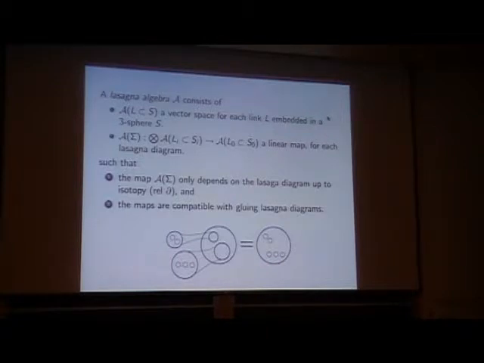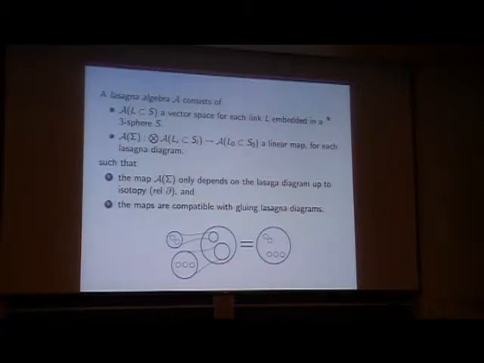And secondly, the lasagna diagrams have a natural gluing operation. Say I have some big lasagna diagram, and one of the small balls has some particular link on its boundary. Well, I can take another lasagna diagram that has that same link as its outer boundary, and I can paste the small lasagna diagram into one of the holes of the big lasagna diagram, and get another lasagna diagram. Okay?